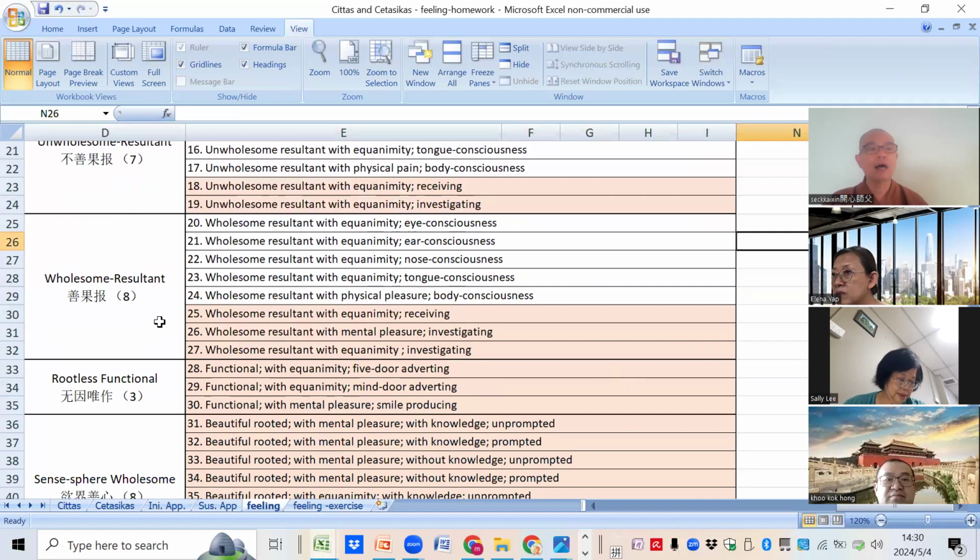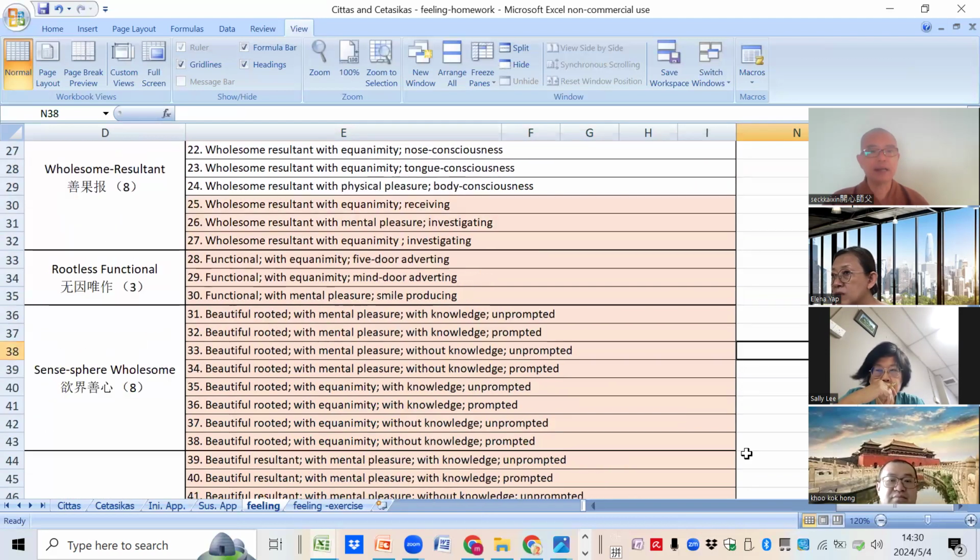How about wholesome resultant? 20, 21, 22, 23, 25, and 27. So we just follow this. Equanimity 1 again. Then how about rootless functional? 28 and 29.